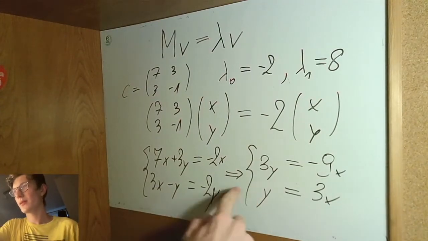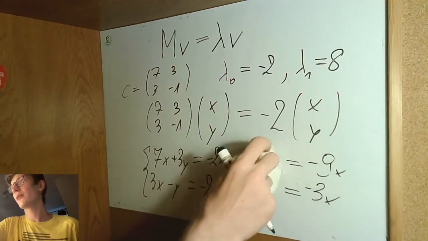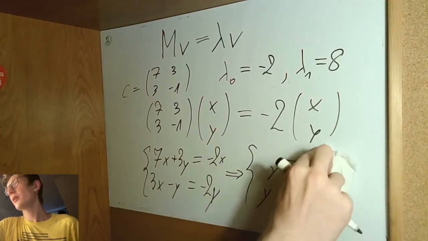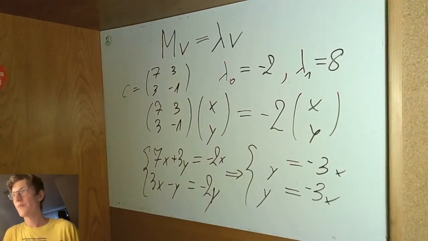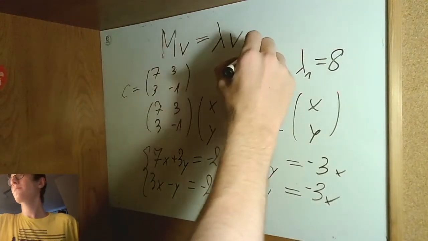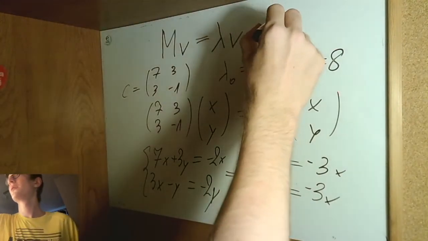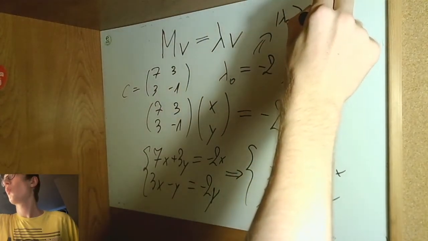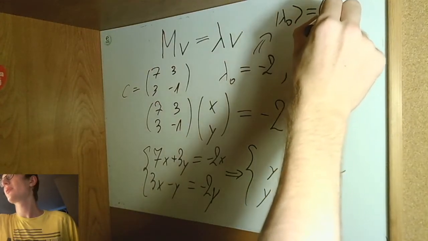We can, of course, here put this minus here, and here we can divide both sides by 3, and we get -3x. So the corresponding eigenvectors are of the form x and -3x.